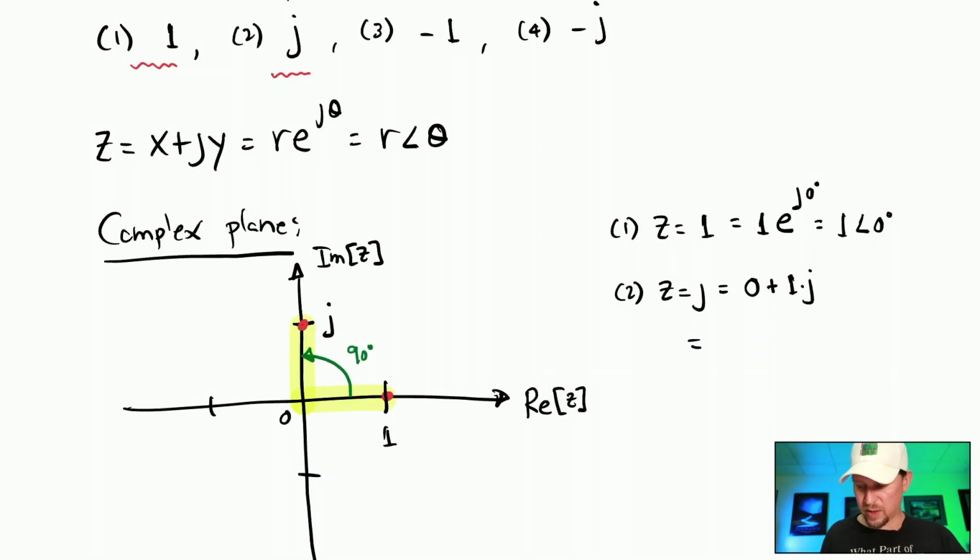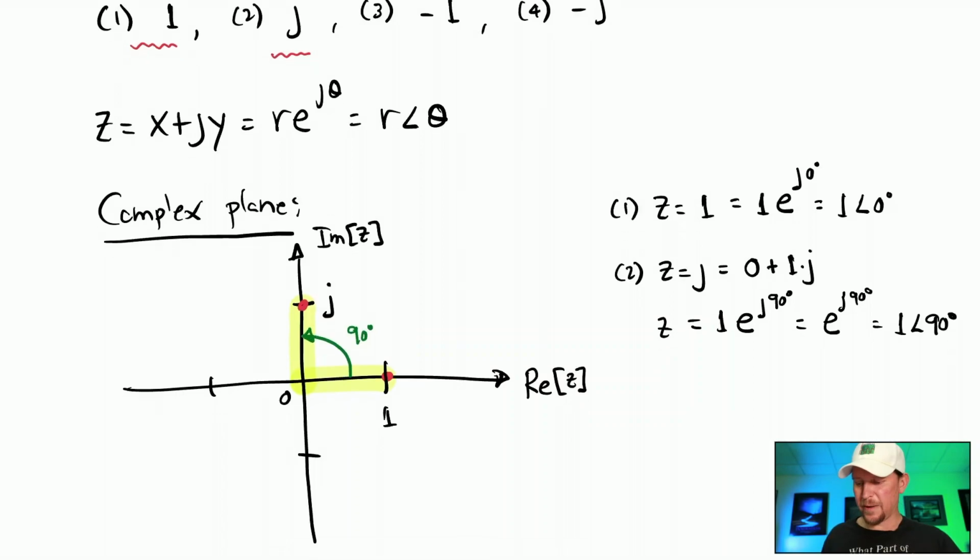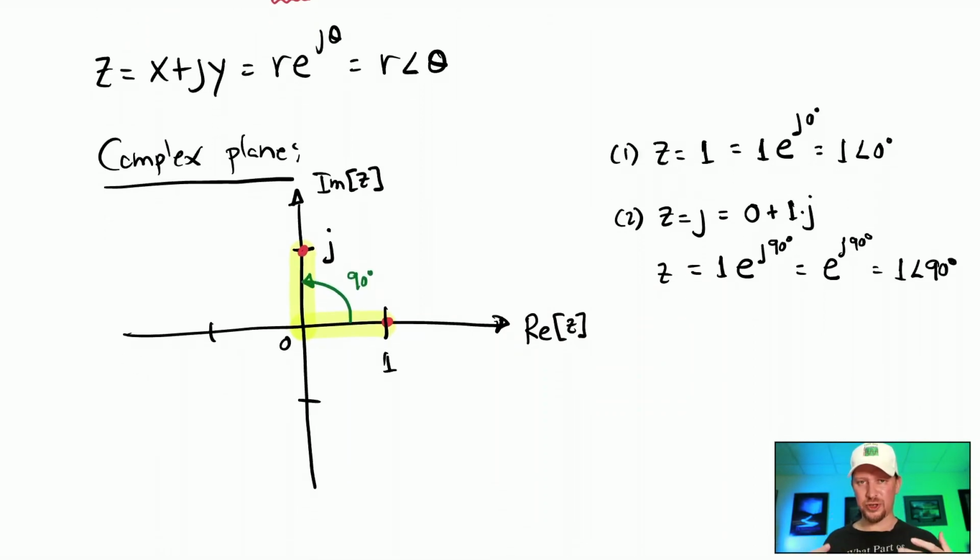So this same number can equivalently be rewritten as 1 times e to the j, and the angle here is 90 degrees like this, or just e to the j90, or lastly, this is also 1 angle 90 like this. Right? So again, notice that even the simple number j has multiple useful forms in which it can actually be written.